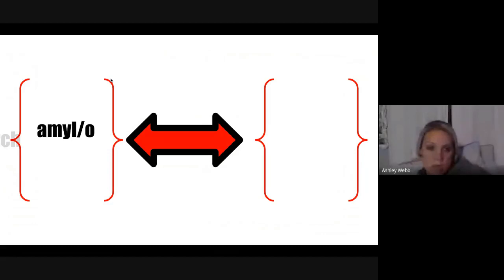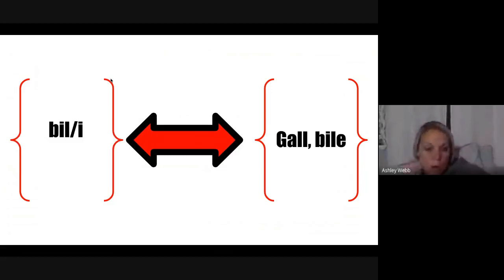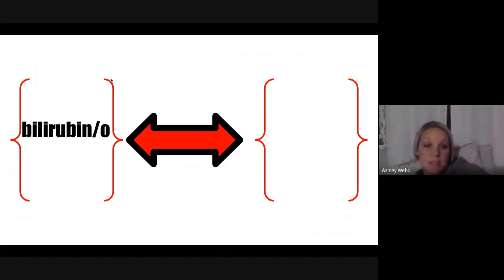Okay, this one is starch. Billy, when we see that, we think bilirubin. Okay, so gall or bile. And then this one is bilirubin.